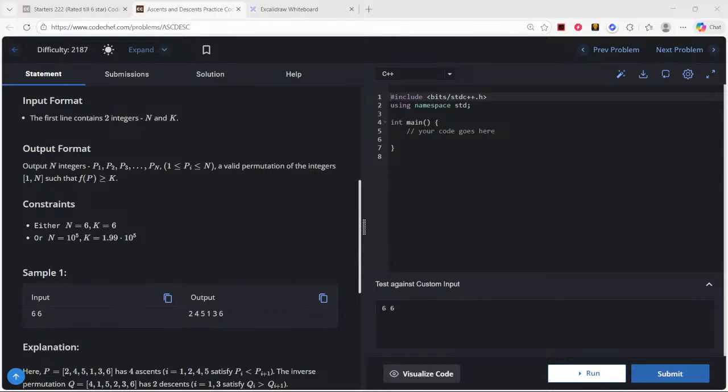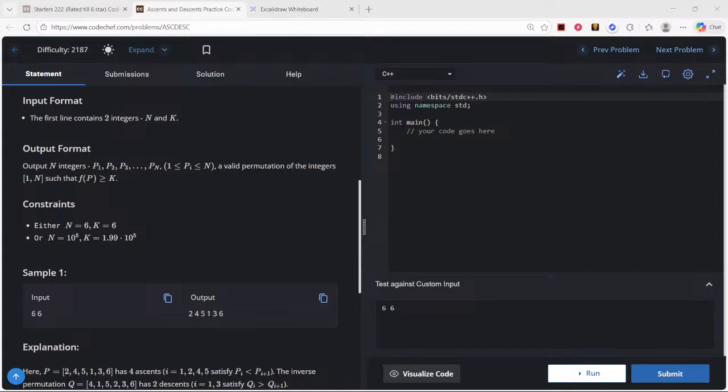245136, and also Q have 1 2 3 4 5 6, right? So we know that Q of Pi is equal to i, और जो Q of P1 is equal to 1 and P1 is 2, so Q of 2 is equals to 1, then Q of P2, P2 is 4, so Q of 4 is equals to 2, और जो Q of P3 is equals to 3, then we do like P3 which is 5, right?